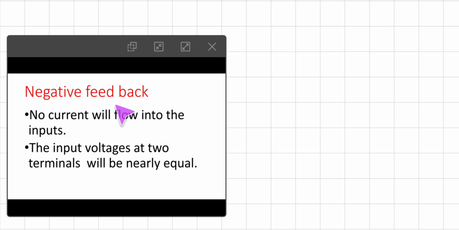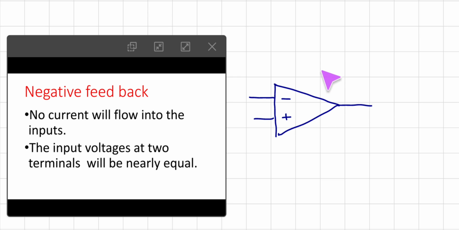So let us consider negative feedback. In case of an operational amplifier, here is the inverting terminal, here is the non-inverting terminal. First remember what is meant by feedback.